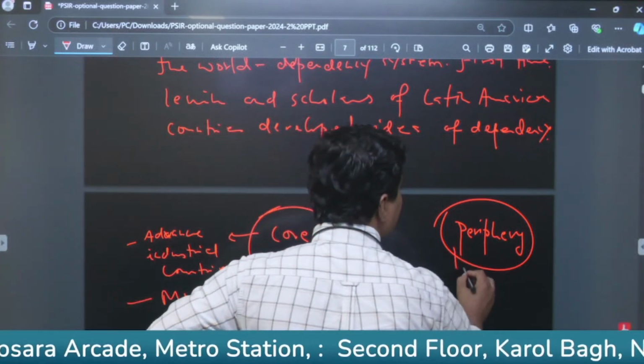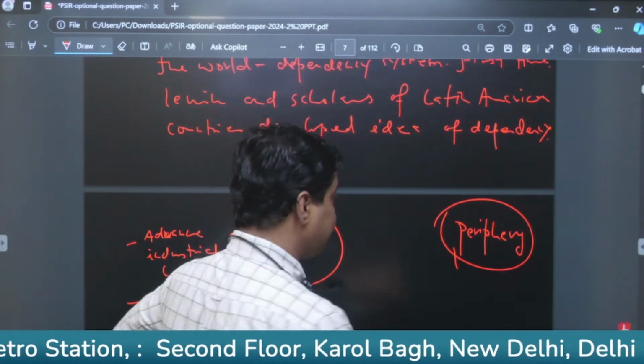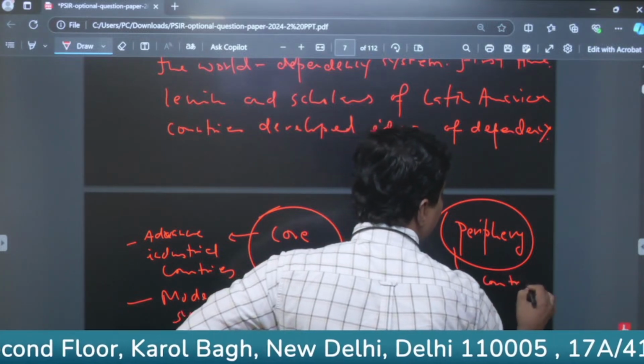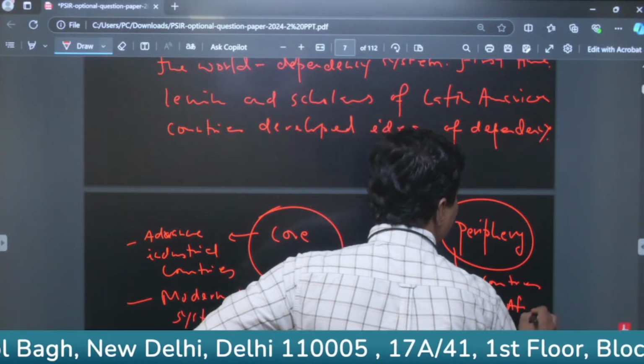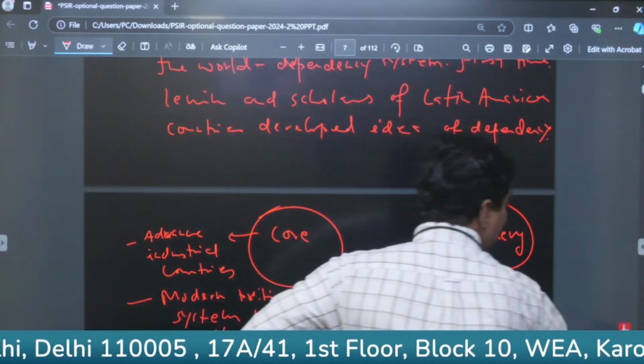Periphery are the countries of Asia, Africa and Latin America, right? Now these countries are agricultural.